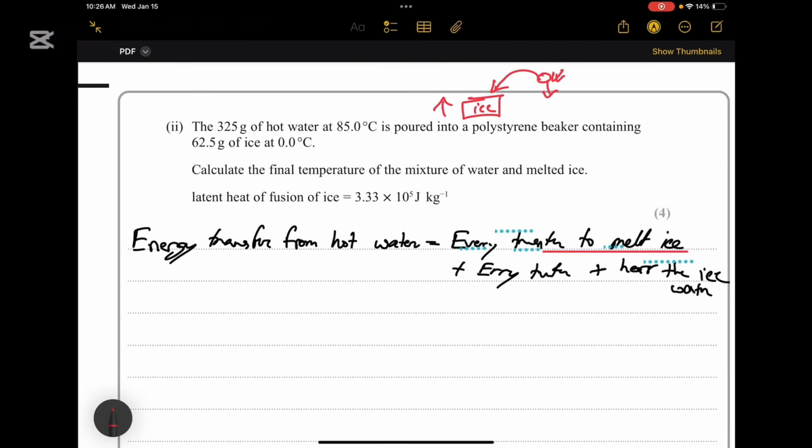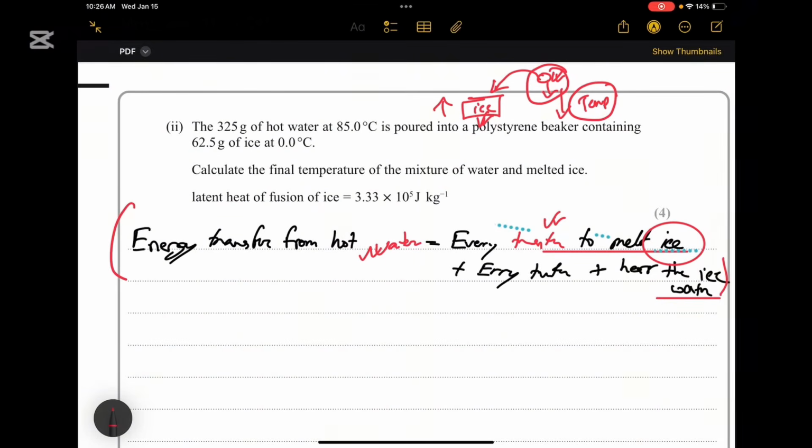Ice cannot be hot, so first this ice needs to be converted into water, so we are melting it. This energy is transferred to melt the ice. The energy transfer from hot water means the hot water's temperature is decreasing. So where is this energy going? This energy is used to melt the ice, and then after melting the ice we increase its temperature. That's how the formula is derived.